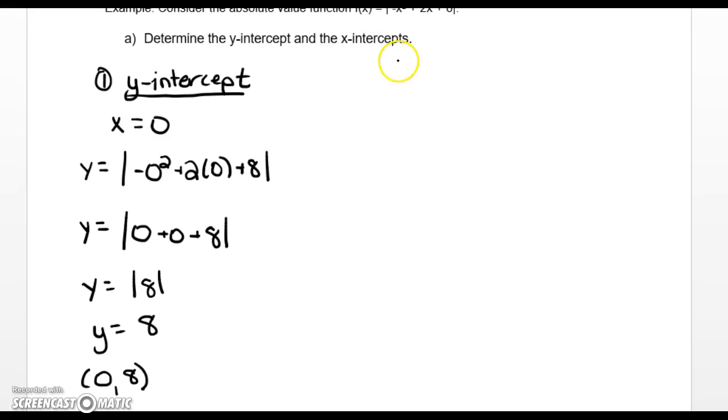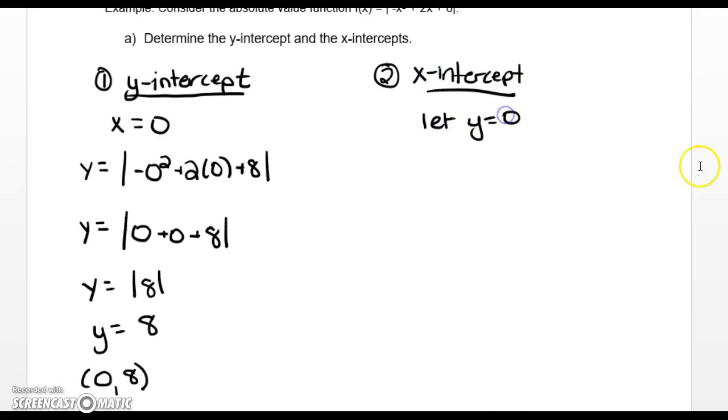Then we can do our x-intercepts, assuming that they do exist. And so here, when we're looking at our x-intercepts, this is where it's crossing that x-axis, meaning y is equal to 0. So in your equation, you're going to let y equal 0 and you're going to solve. So you have 0 is equal to the absolute value of negative x squared plus 2x plus 8.